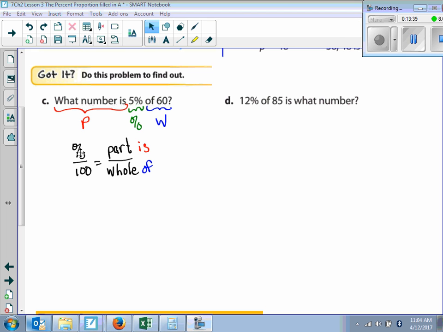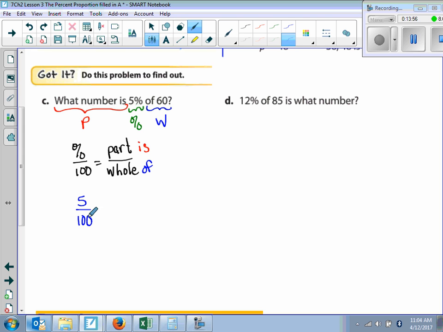So we have percent over 100 is equal to the "is" over the "of," and now we can substitute into our proportion. So we've got the percent, which is 5%. That 5% always gets written over 100, percent always over 100. The part, or the "is" number, is what we're solving for. That's our x. And the whole, or the "of" number, is 60.